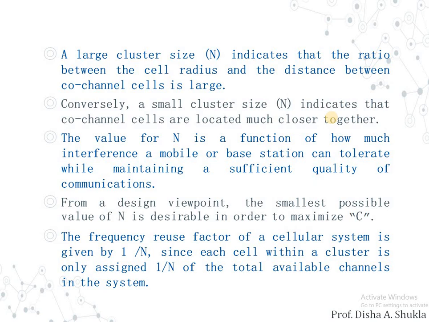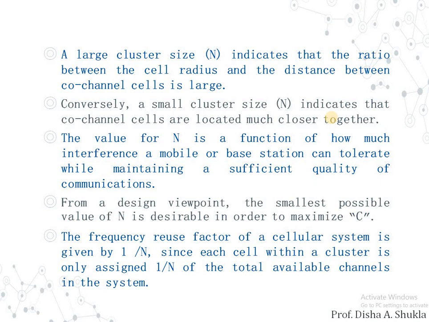Basically, the co-channel interference reduction ratio Q is defined by d upon r, where d is the distance between the centers of the two co-channel cells, and r is the radius of a particular hexagon. Again, we also saw that this is a parameter of k_i and C, where k_i is the number of cells in a cluster and C upon I is the co-channel interference ratio.